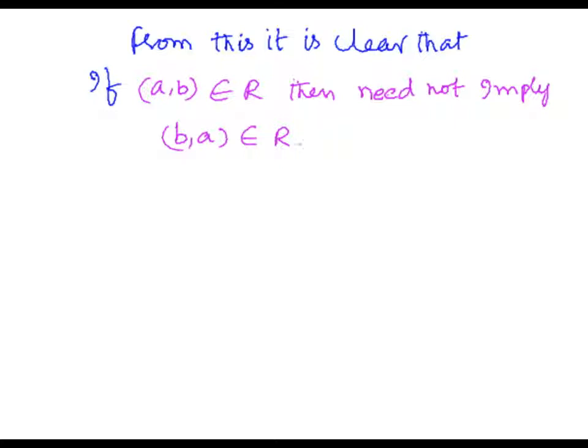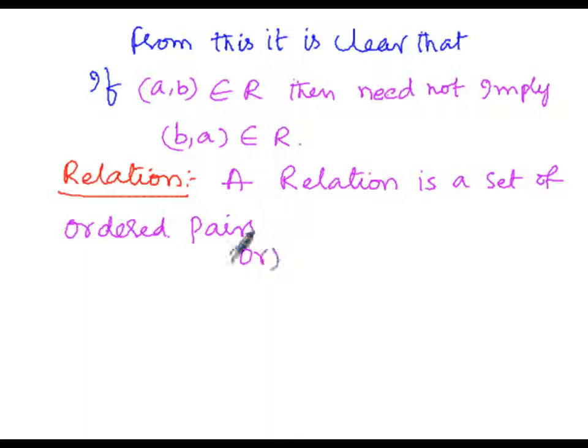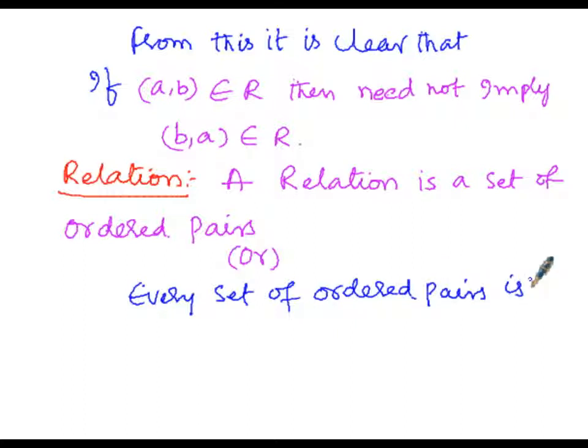So now let us write the definition of the relation. A relation is a set of ordered pairs, or every set of ordered pairs is a relation.